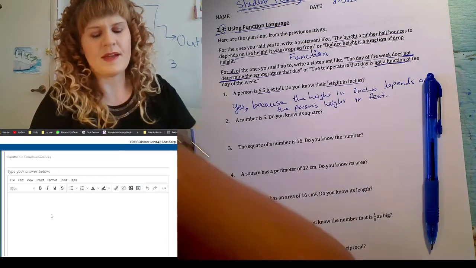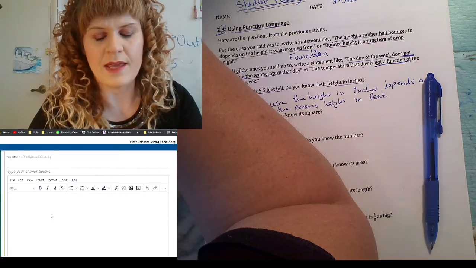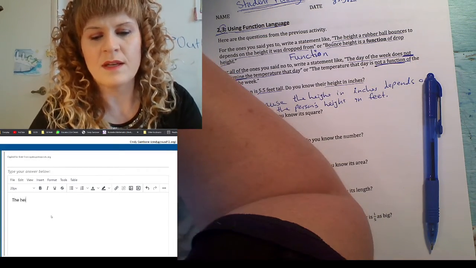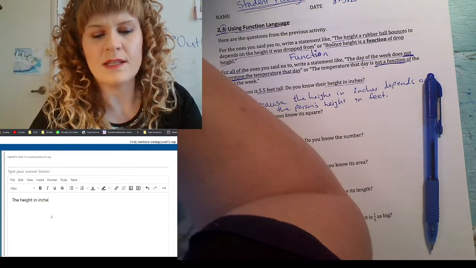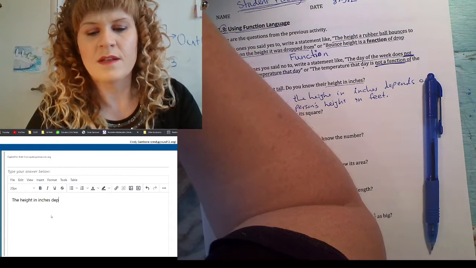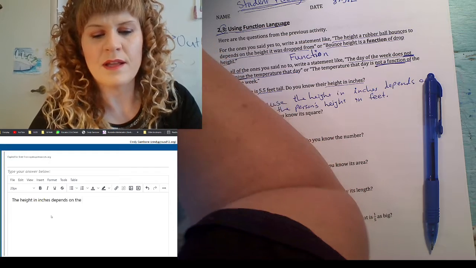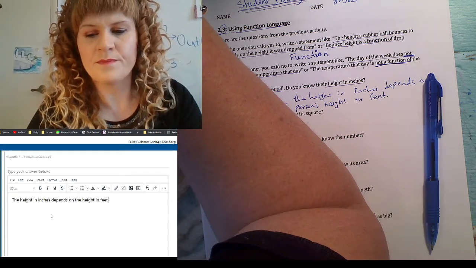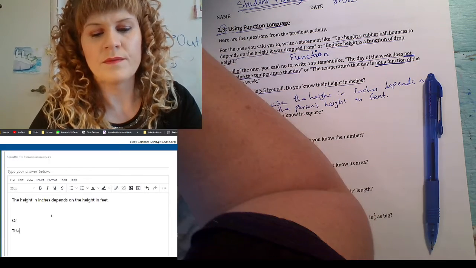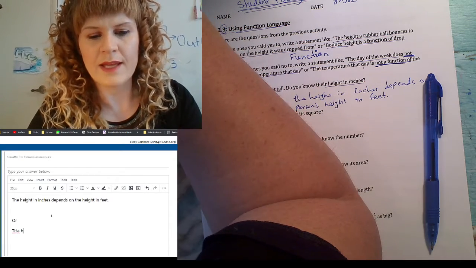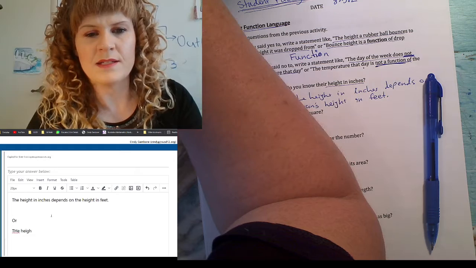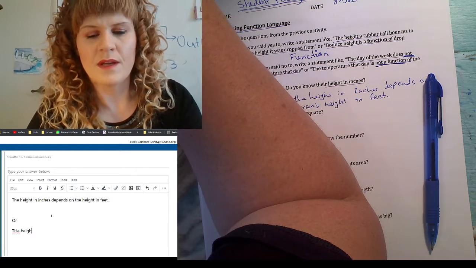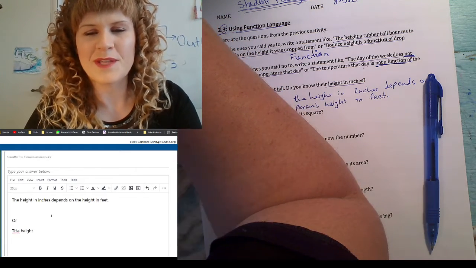And don't worry if that's confusing, just for now, get used to hearing it. I'll type it in. The height in inches depends on the height in feet. Or I can say it, but I have a difficult time spelling it.